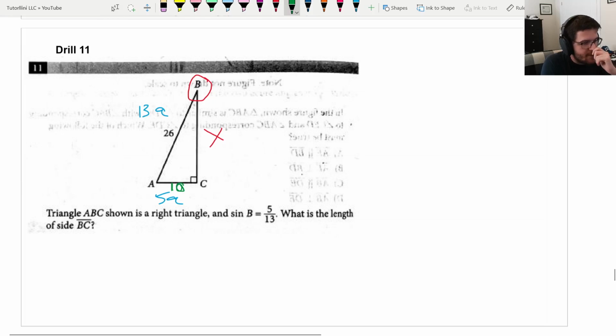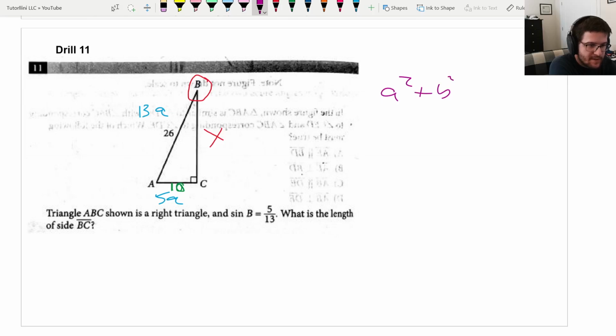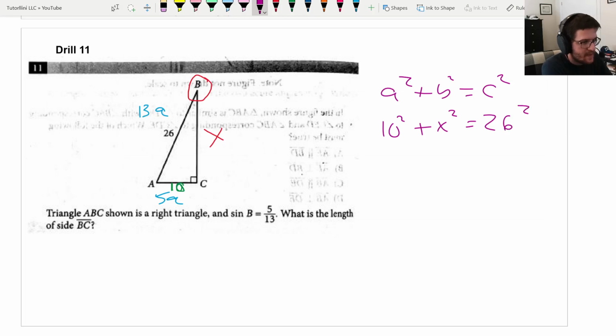And if you want, you can now do Pythagorean theorem on this original triangle. So that's what I'm going to do. A squared plus B squared equals C squared. The legs. Okay, 10 squared plus X squared equals 26 squared. We get 100 plus X squared equals, I don't even know what 26 squared is.